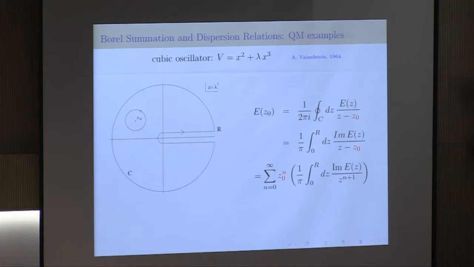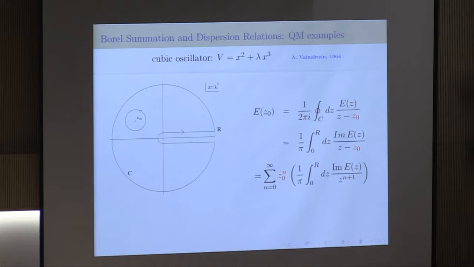Right? All right, so now let's be very bold, and let's assume that that's the only singularity. Okay, so that's a big step, but it's presumably correct. So if that's the only singularity, I can use Cauchy's theorem to calculate the energy at some point in the complex coupling plane, or lambda squared plane, coupling squared plane. I can just write the Cauchy expression for that energy.